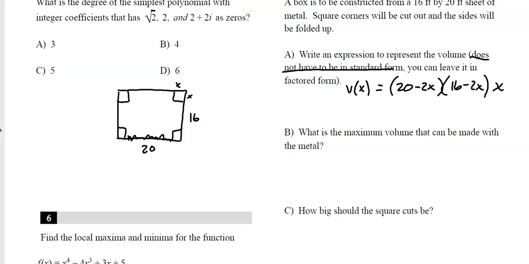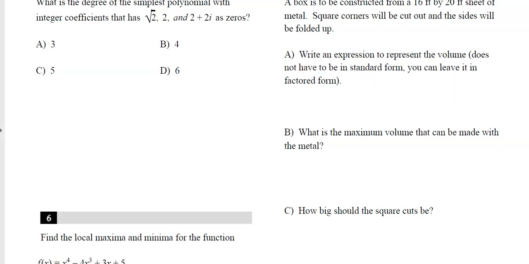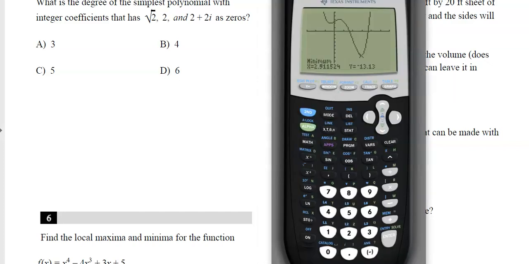So what is the maximum volume? Remember, our y value is the volume. Our x is how big the square cut should be. So when I use my calculator to do the max here, we're wanting to know the x and the y, and we need to know what they represent. So let's pull up the old graphing calculator, put it to work again.